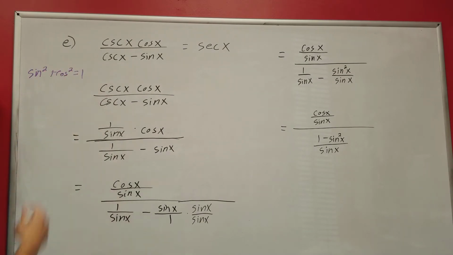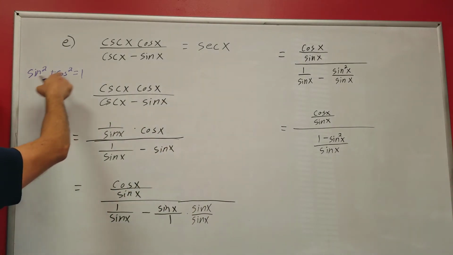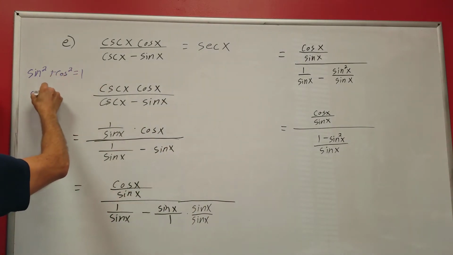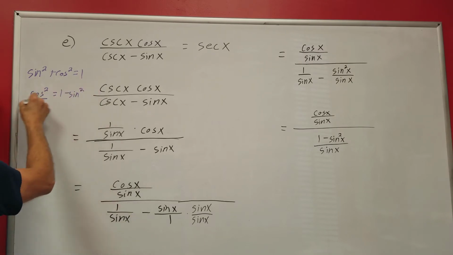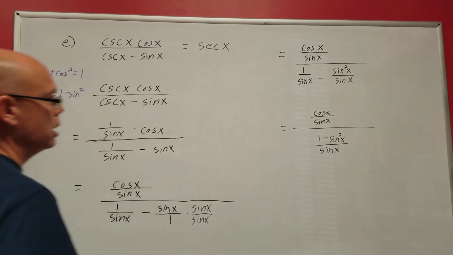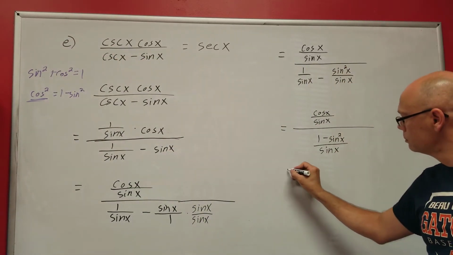Now, I'm just not writing the x there, but I know to put it in a little bit. What do I need? I need 1 minus sine squared. So what if I subtract the sine squared? I have cosine squared is equal to 1 minus sine squared, right? So 1 minus sine squared could be replaced with cosine squared.